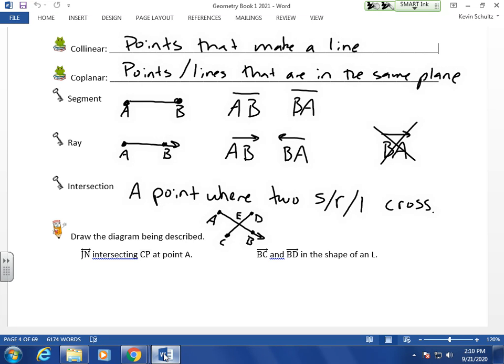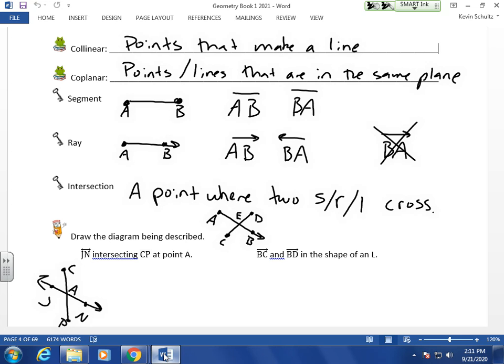Line JN intersecting CP at point A. Your line could be going down like this, marked J and N. You could have the N and the J in other spots. CP, maybe you want a vertical segment coming down. It wouldn't have to be, okay? And then intersecting at point A. That would be an acceptable answer, all right?